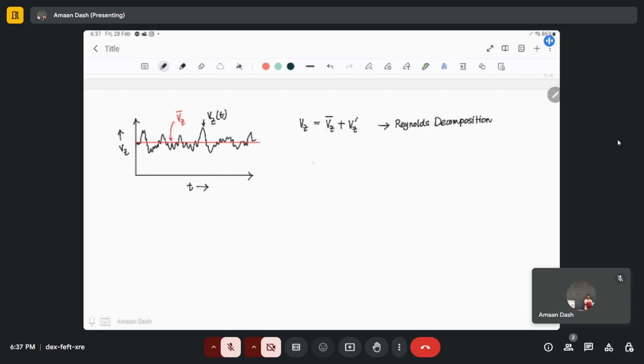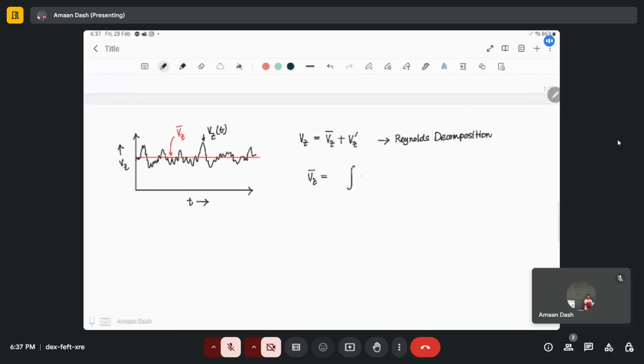Now, how do we obtain this average velocity with respect to time? We can do that by integrating this Vz, ds, in some time frame, that is t minus half t0 to t plus half t0, some time frame t1 to t2.